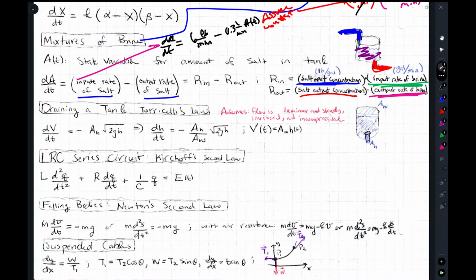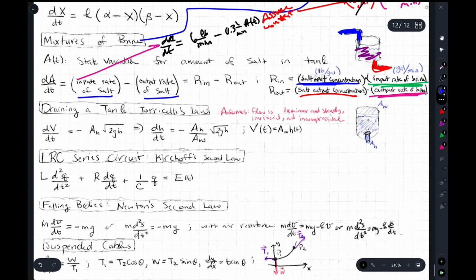Let's look at modeling for draining a tank using Torricelli's law. Now, Torricelli's law is basically telling you the rate of change of the volume of some tank.